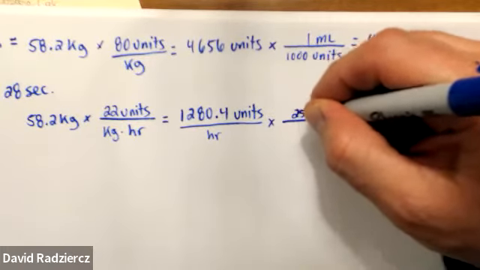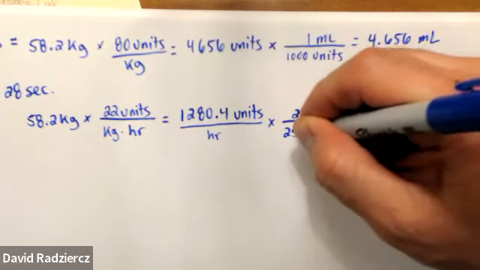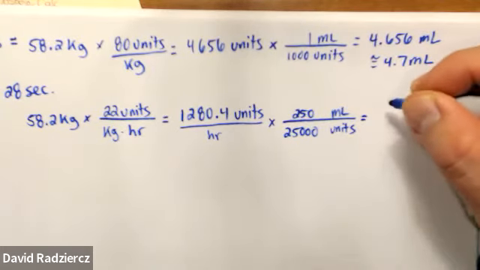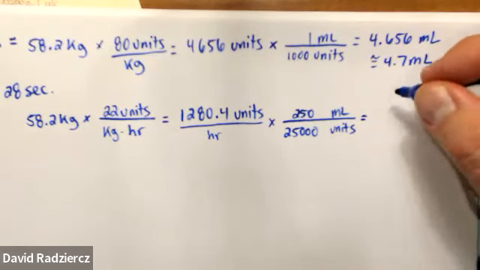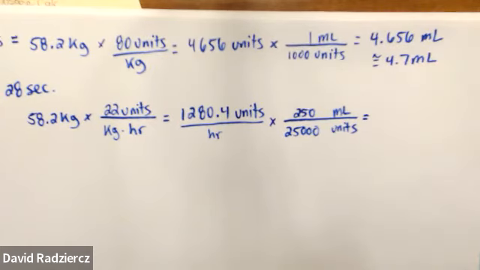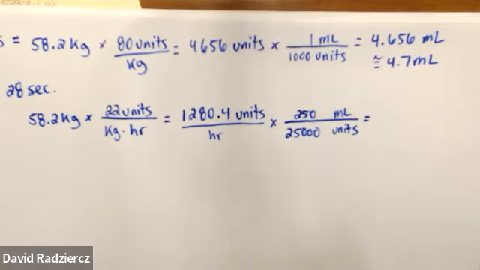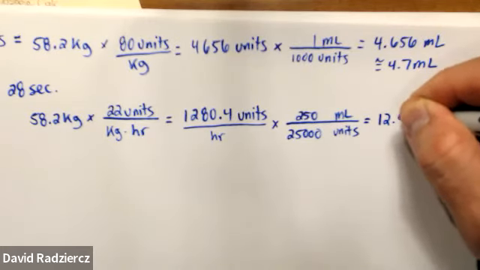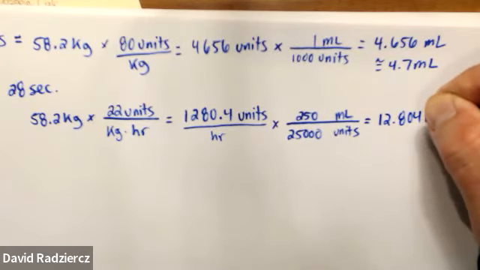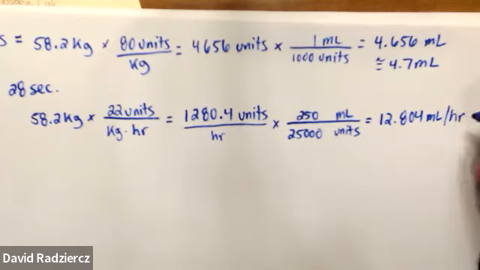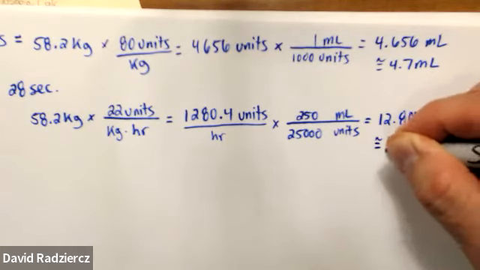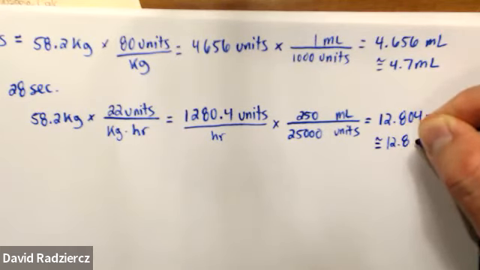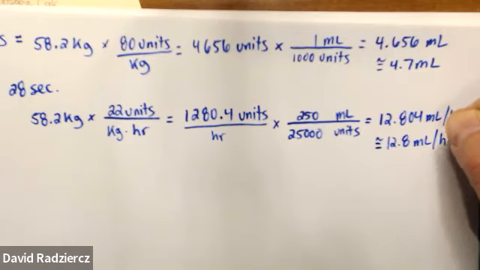So 250 over 25,000, and I'm going to get 12.804 milliliters per hour, and that's going to get rounded to 12.8 milliliters per hour.